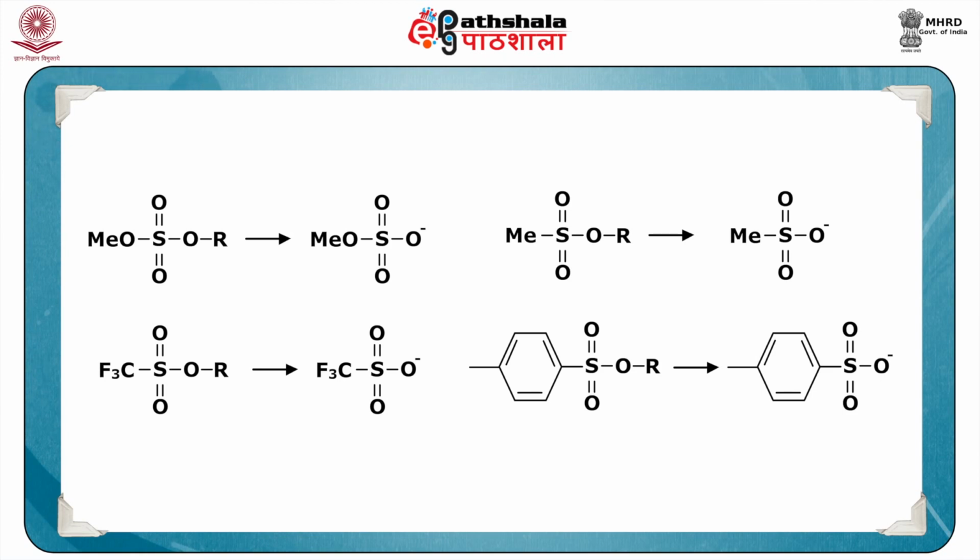You can clearly see here, when these groups are going, the O minus can resonate with the other doubly bonded oxygen on the sulfur, and that is why they act as excellent leaving groups. So, we can again talk about resonance briefly. The more the resonance, the more the leaving group ability, and yes, the less the basicity.